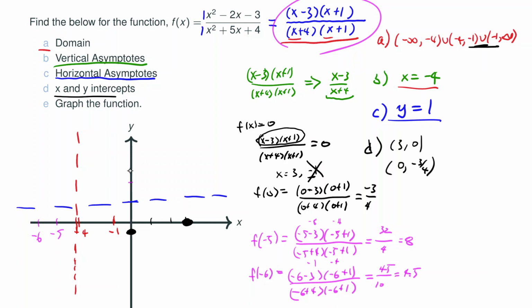Let's say maybe somewhere here. 4.5 is somewhere here. And 8 is way above right here, let's say. Okay, something like this. So this tells us that the graph has a trend of something like this.